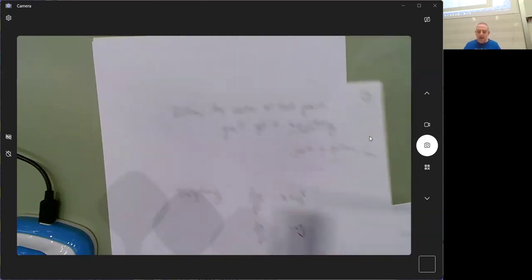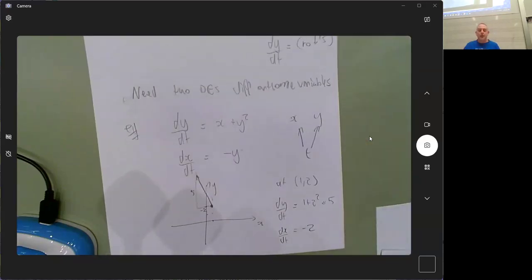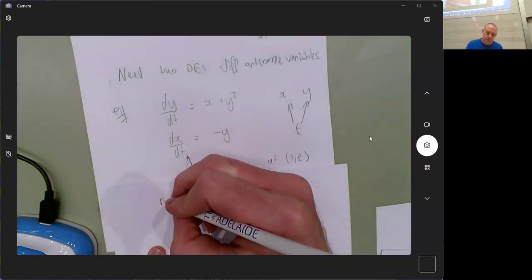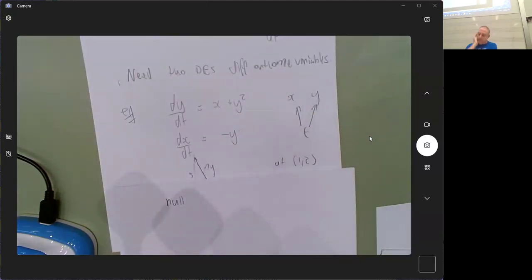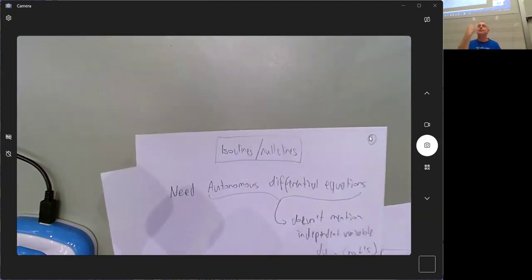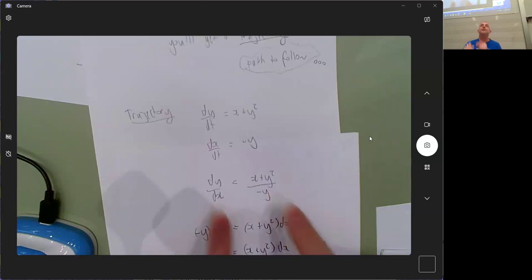So the nullclines, we have to go back to our original equations. Bear with me. I know what a nullcline is, but I always forget what an isocline is. This thing produces isoclines.